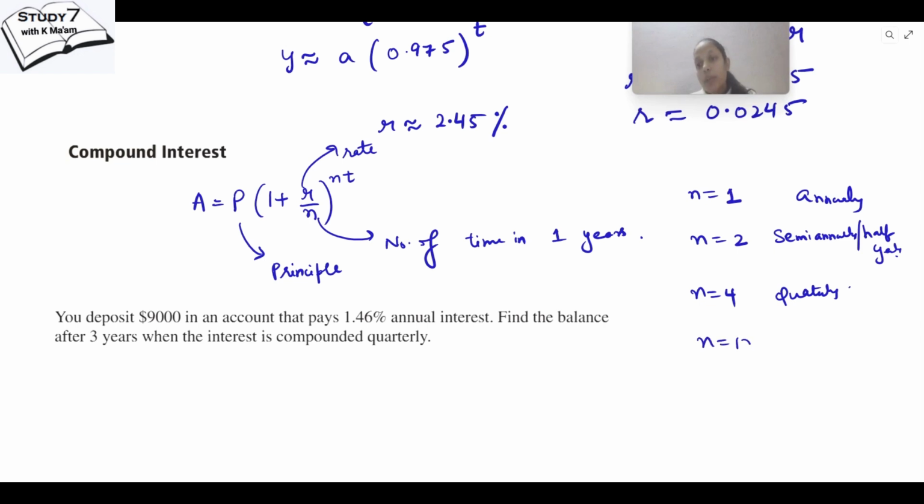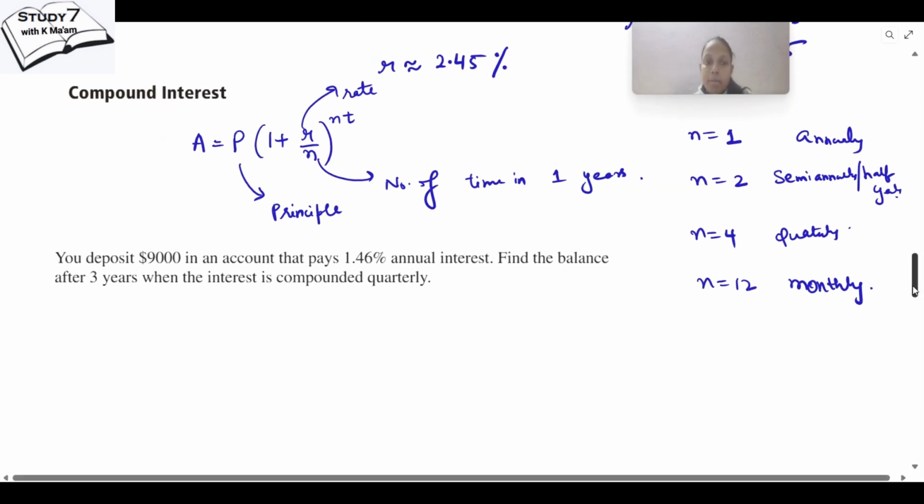N will be 12 if it says monthly. This is how the n value changes. If it says compounded annually, quarterly, or monthly, it changes accordingly.